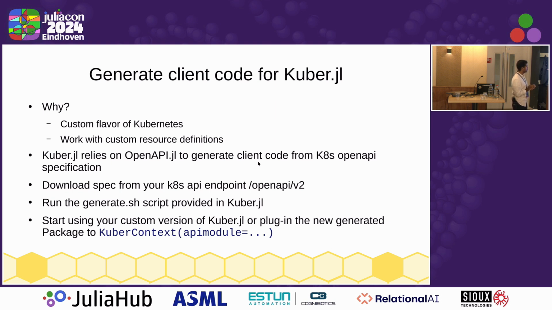If you ever need to use custom resources, you can generate the API, and it's fairly easy to use it with Kuber without having to modify Kuber. You can keep your API module in a separate package, and in the Kuber context method, you can just specify that package as the API module, and that gets plugged in and used. It's easy to use that way.